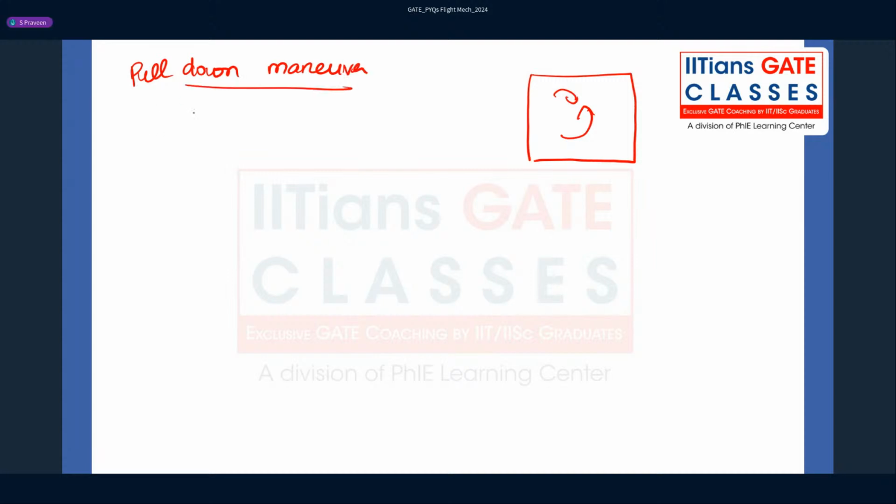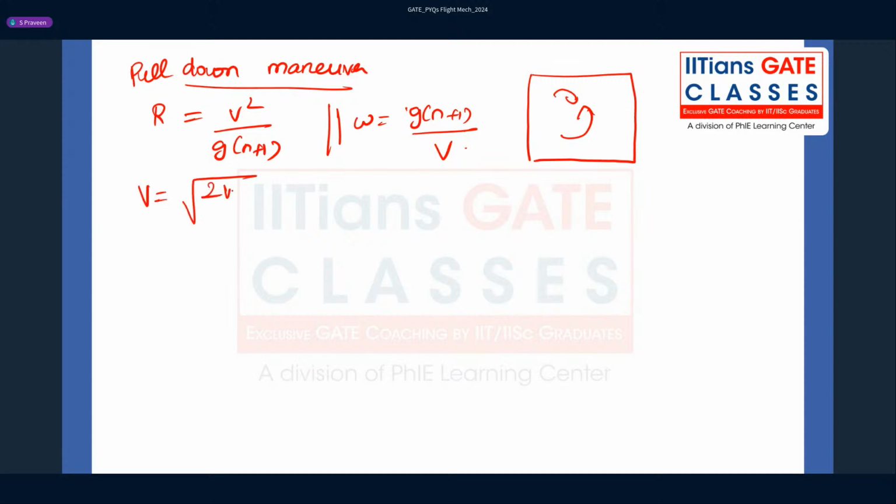You know that the turn radius is R = V squared by g times (n plus one), and omega is g times (n plus one) by V. Right? So these are the two cases. Also just put in V as the square root of 2W by rho S CL. So this is the expression for V.